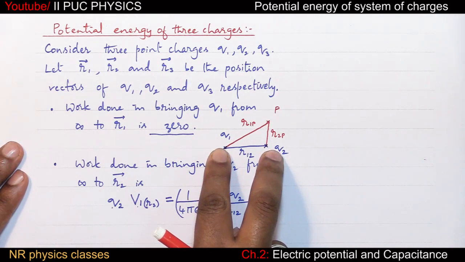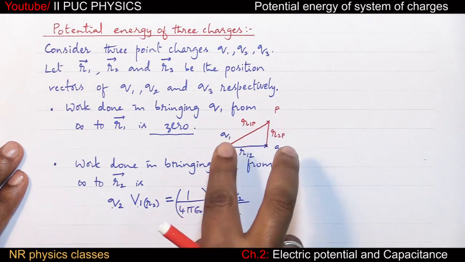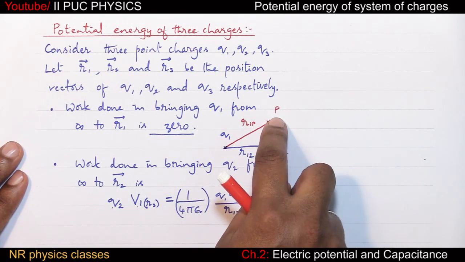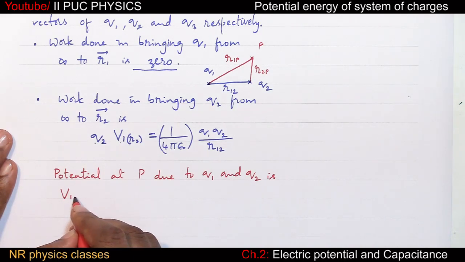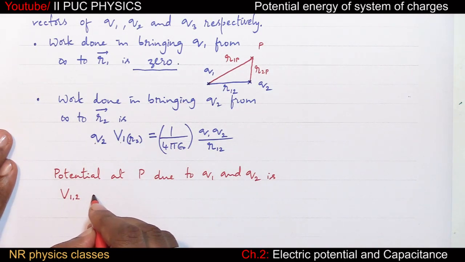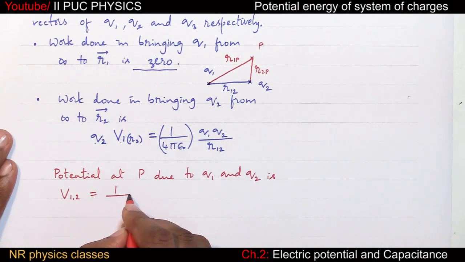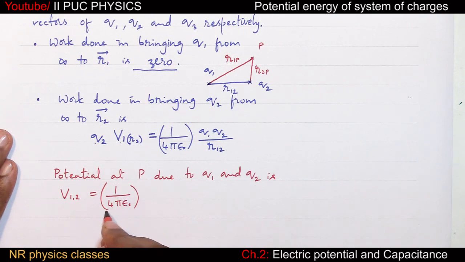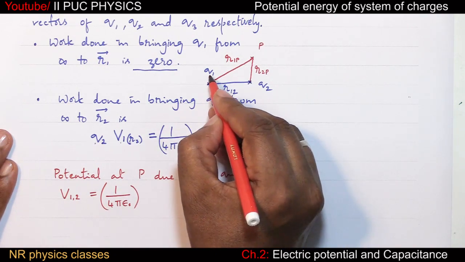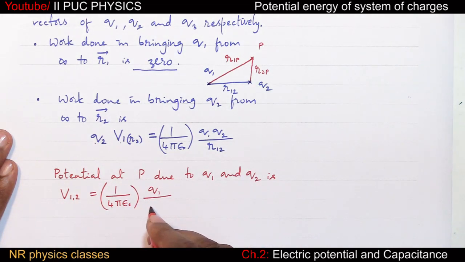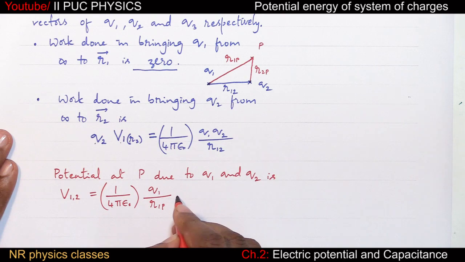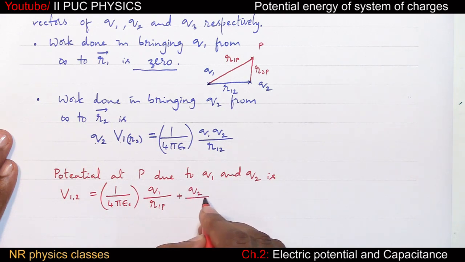Therefore, influence of these two charges at this point is nothing but potential of these two at point P. Potential due to first charge and second charge equals 1 by 4 pi epsilon naught, Q1 by R1P plus Q2 by R2P.